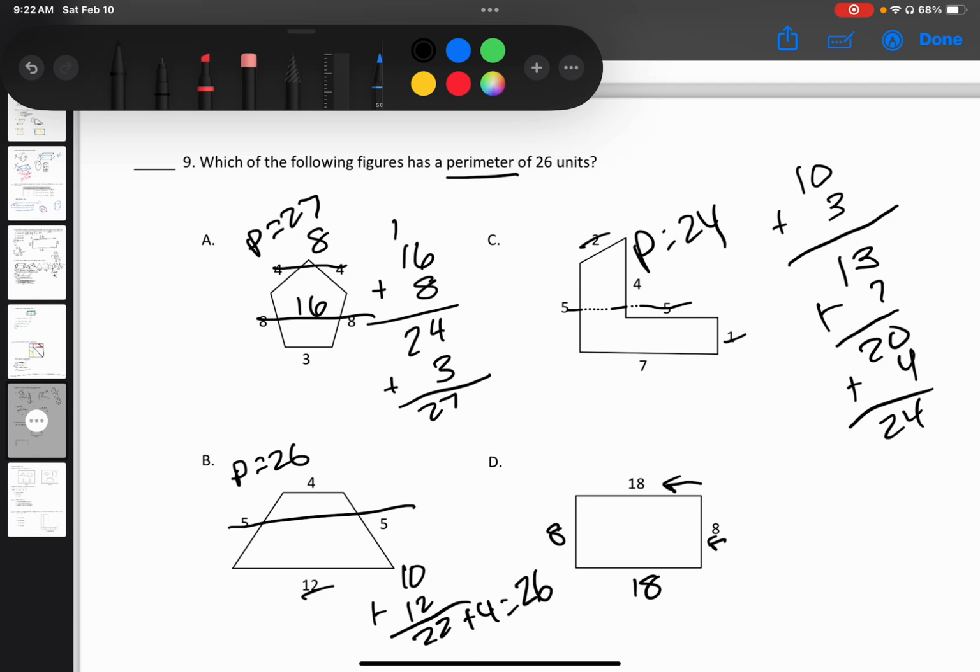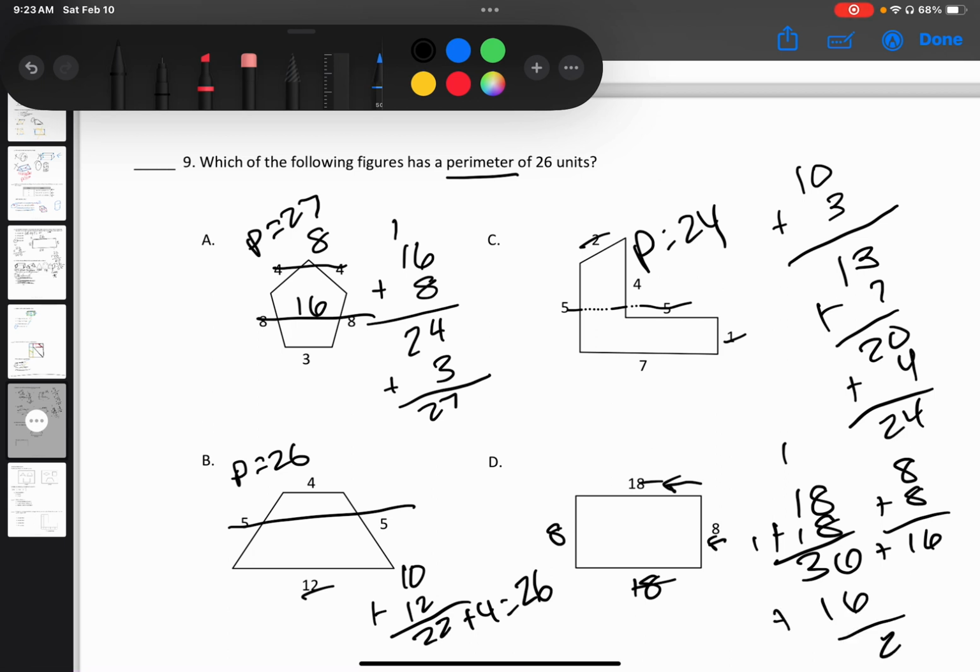And now we need to add those together. Okay, so the 18 and the 18 together is 36. 8 plus 8 is 16. We need to add these two together. This has a perimeter of 52, which is way more than what we needed.